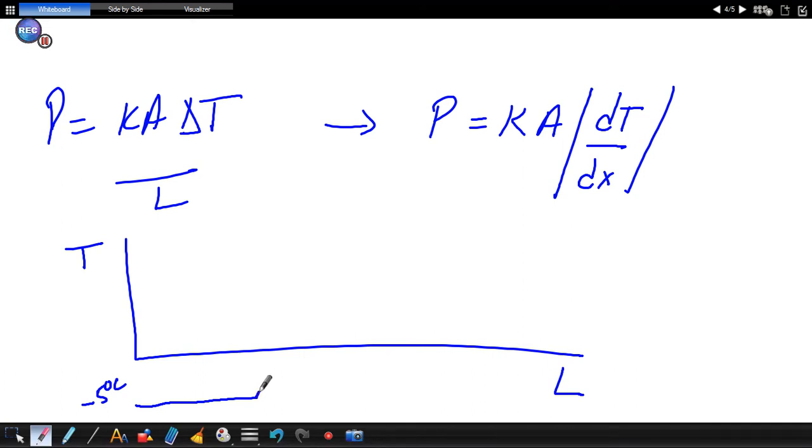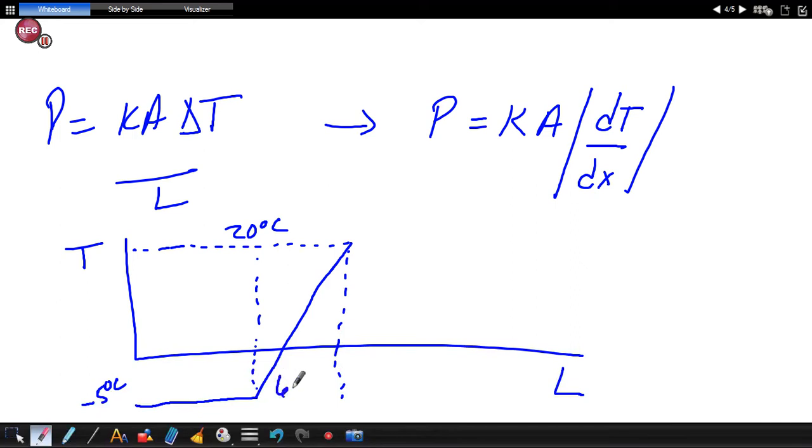And then when you get to the glass, it jumps up to 20 degrees Celsius, and this thickness here is 6 millimeters. Actually, this is 25, so at 25 degrees Celsius in the room, it goes on like air. So in principle, you're finding a temperature profile.